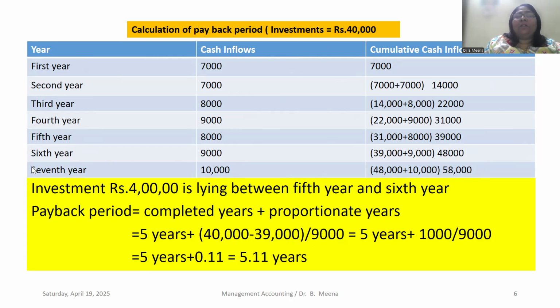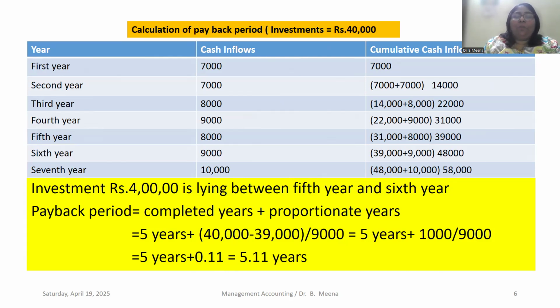How did I get 1,000? 40,000 minus 39,000 is 1,000. The 9,000 is simply the sixth year cash inflow. So 1,000 divided by 9,000 is 0.11. So 5 years plus 0.11, I get 5.11 years.